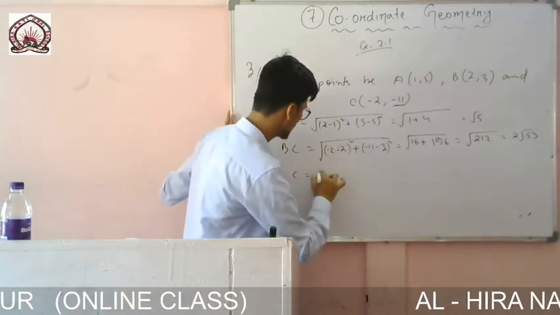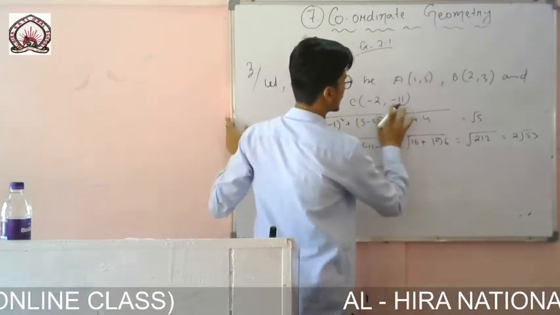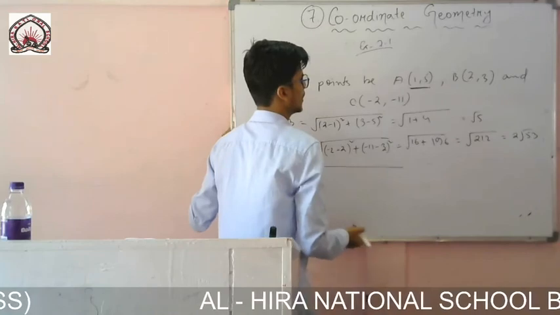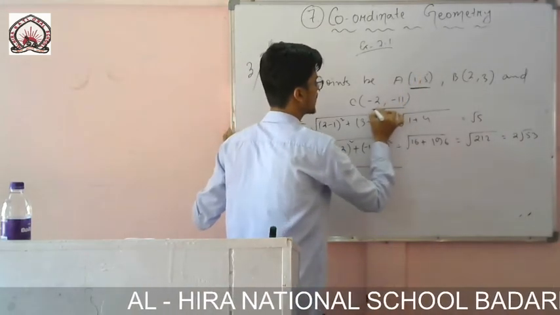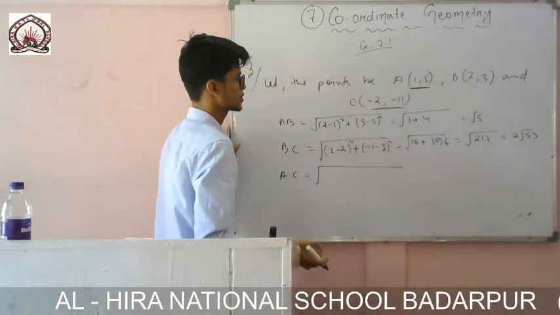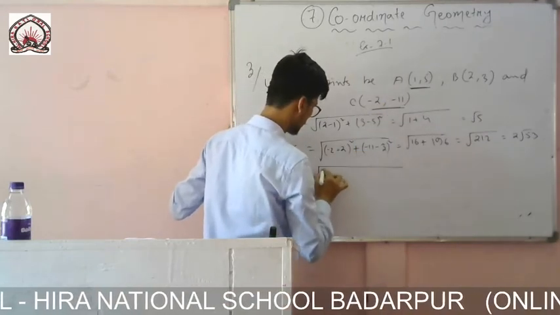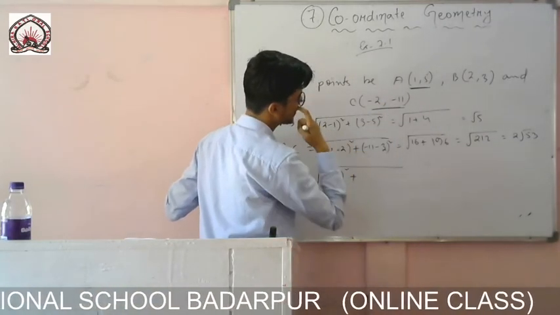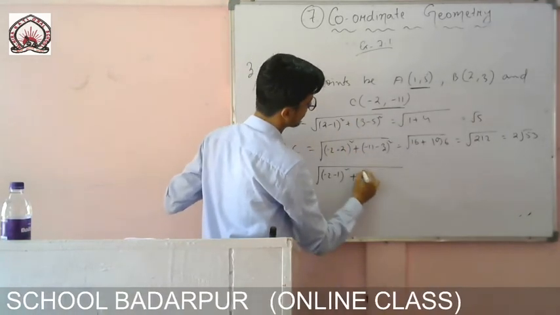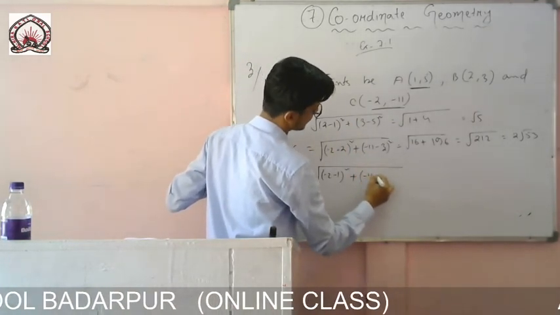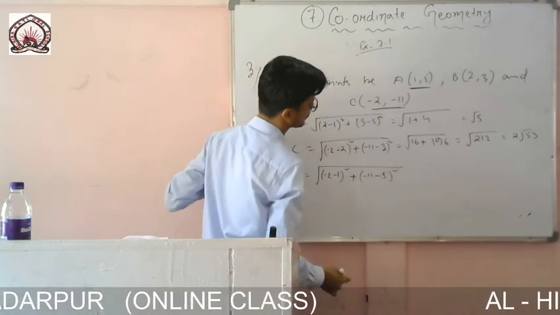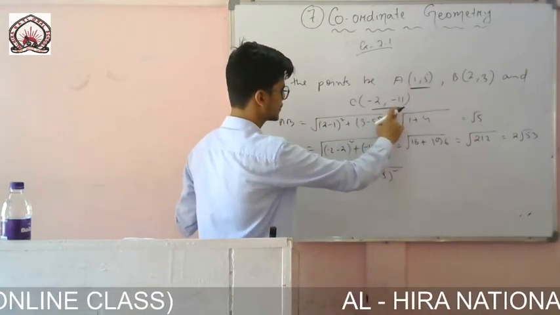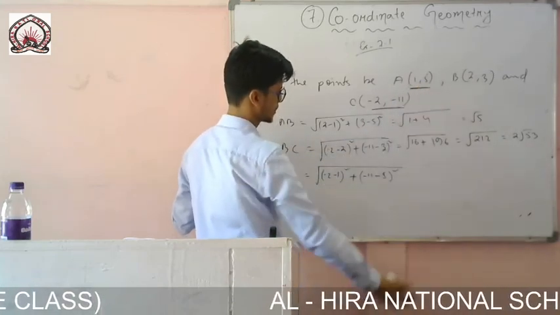So in case of AC, this one will be our x1 y1, this one will be x2 y2. So here x2, it is minus 2, then minus 1 whole thing square, plus y2, it is minus 11 minus 5 whole thing square. X2 minus x1 plus y2 minus y1 whole thing square.